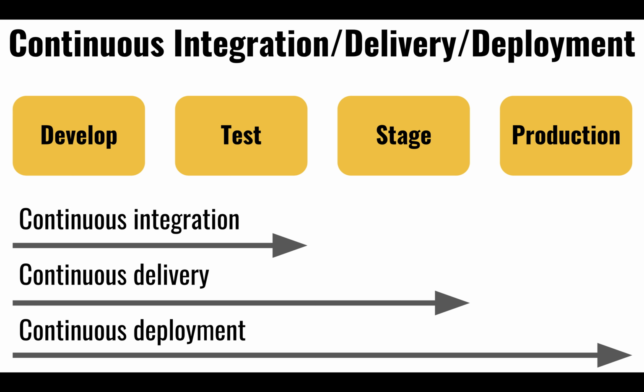Okay, if your continuous integration, your continuous delivery process includes all the way down to production, we usually refer to this as continuous deployment. It can take into account all the various stages of the delivery.